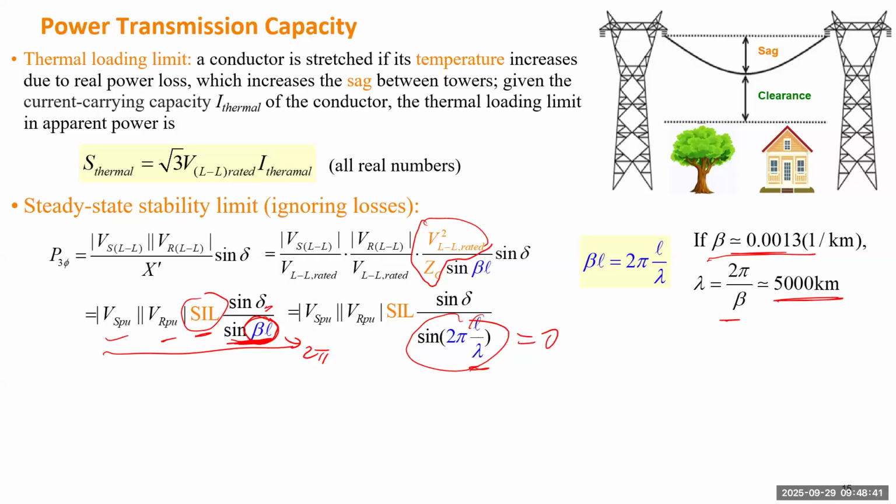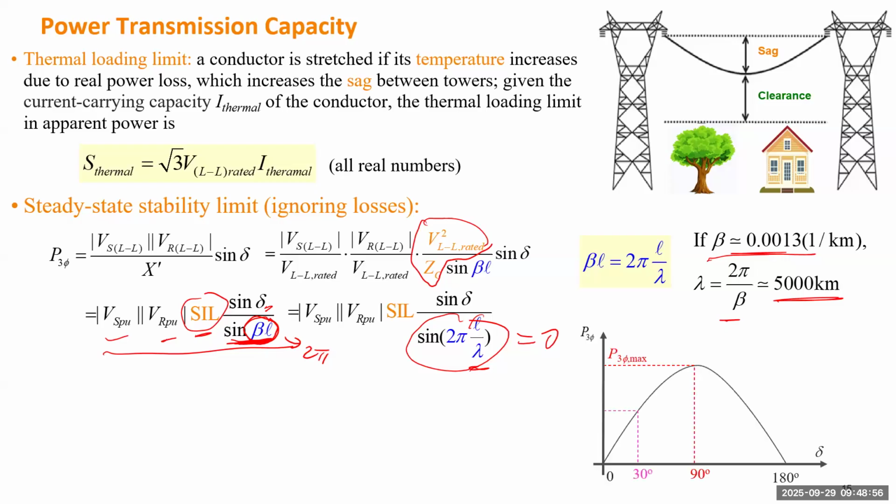So the length of the line will have a limit around 5,000 kilometers. In the textbook, lambda is called the wavelength of the line. Shortly we will explain why we call it a wavelength.